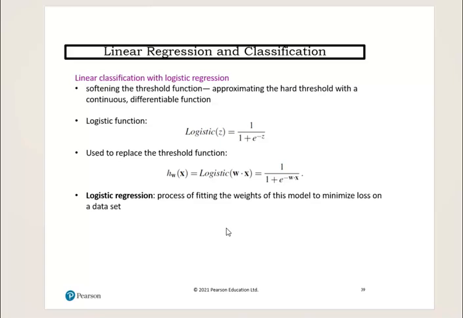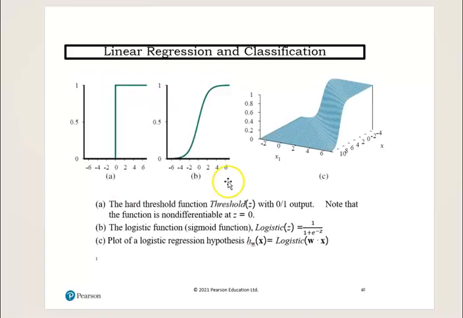You can see these graphs. On the left here is a hard threshold. If the output is negative, it's going to give you 0. If the output is positive, it's going to give you 1. What we want is this output right here, which is from the logistic function. You can see that it's much smoother between 0 and 1, and does give you a probability level.